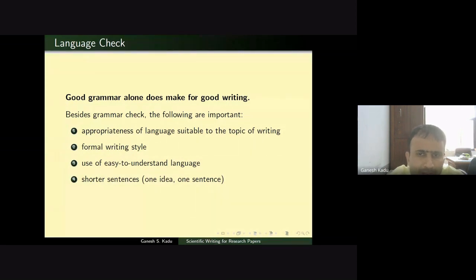So there are these minute differences, of course. But the main point is that just grammar being correct does not mean good writing. Okay, you need much more.